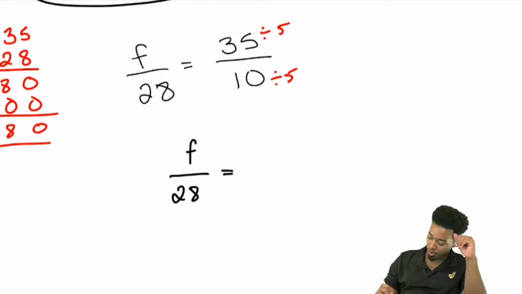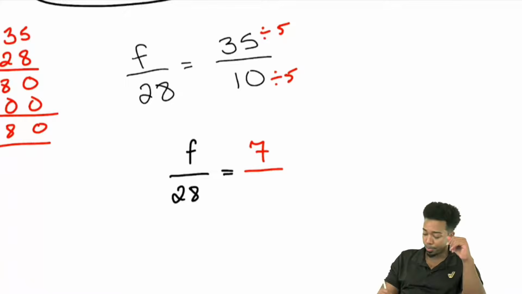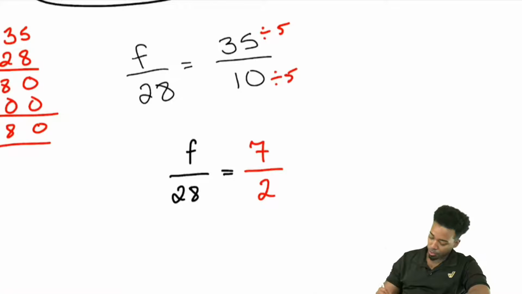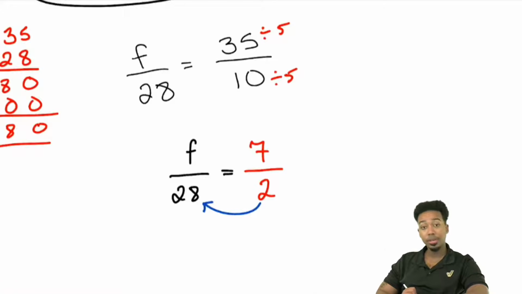Great, 35 divided by 5, that'll be 7. Everybody, 10 divided by 5 is what? That'll be 2. So look at that. That gave me a much easier time. And guess what else I saw? Right here, when I get to this point, what I notice is that, hey, I can go from 2 to 28 fairly quickly. Everybody, what do I multiply 2 by to get to 28?